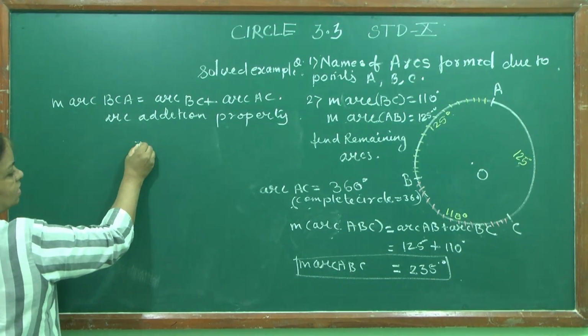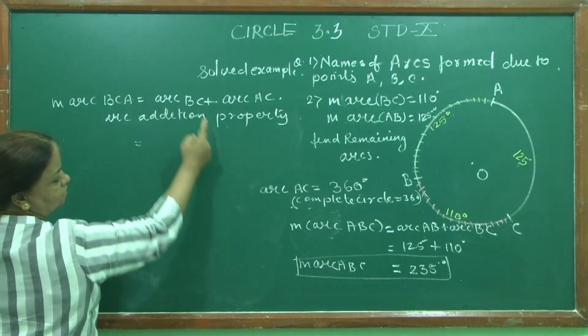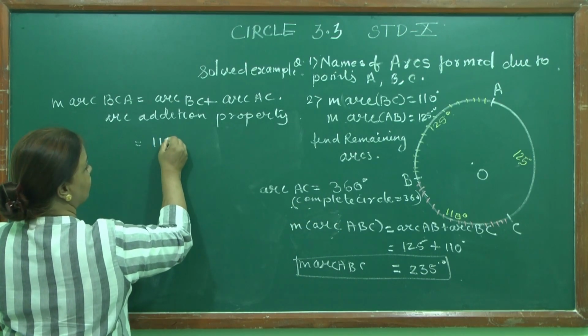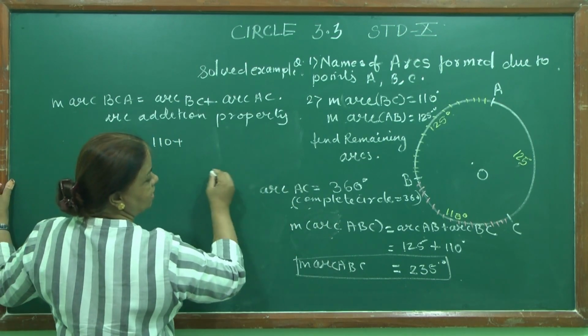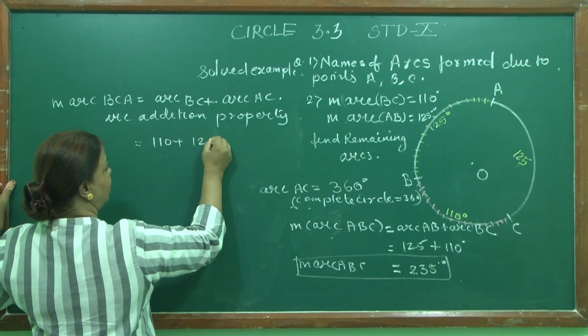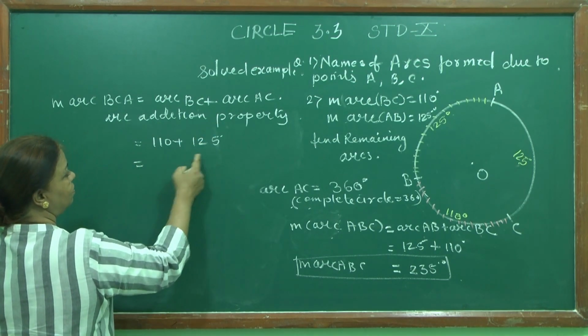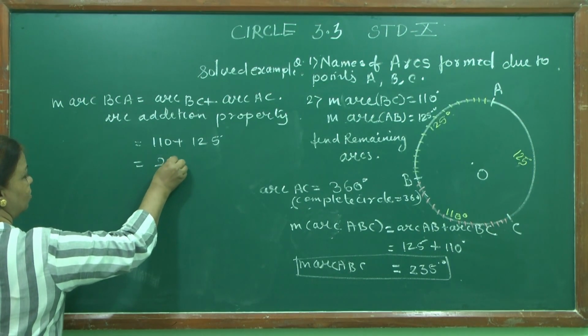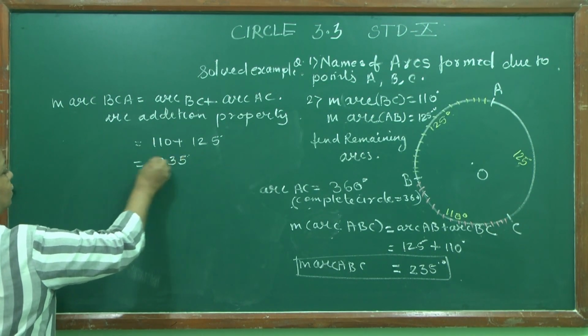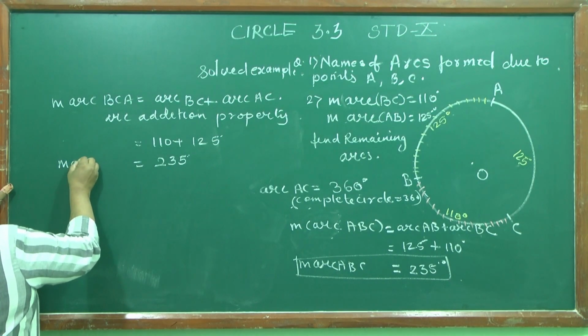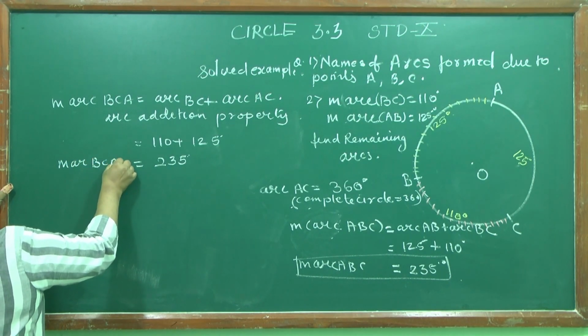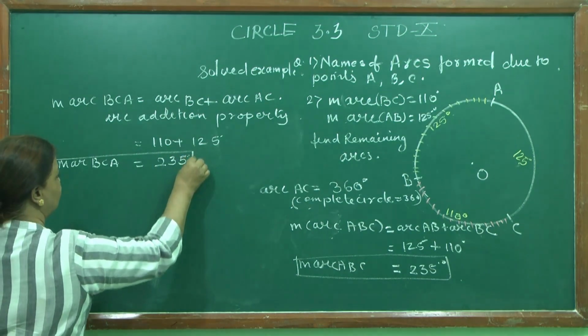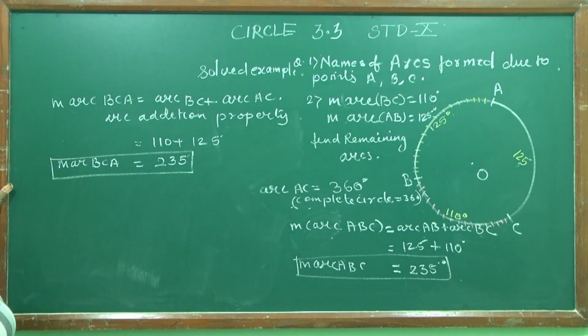Measure arc BC is 110 plus AC is 125 degree, which will be equal to 235 degree. So measure arc BCA is 235 degree.